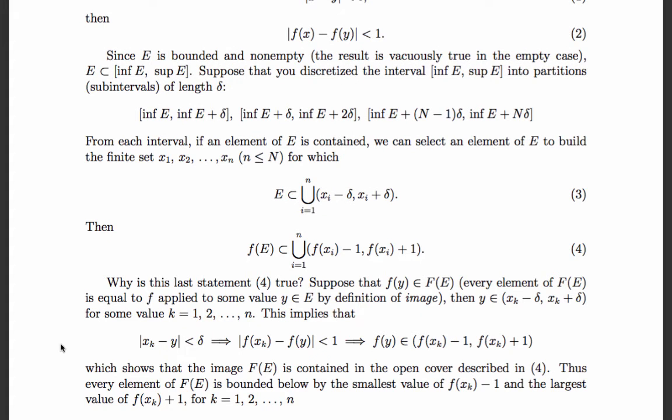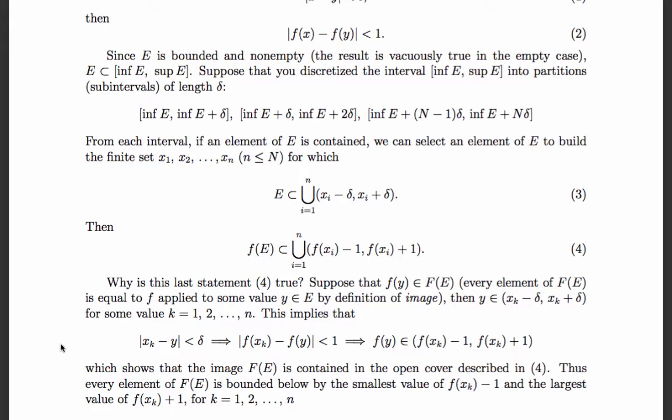We can take the set f of E, which is the set f of x for every x in E, and we can actually contain that in open intervals centered at f of x_i with a radius of 1. In other words, a 1 neighborhood of f of x_i.